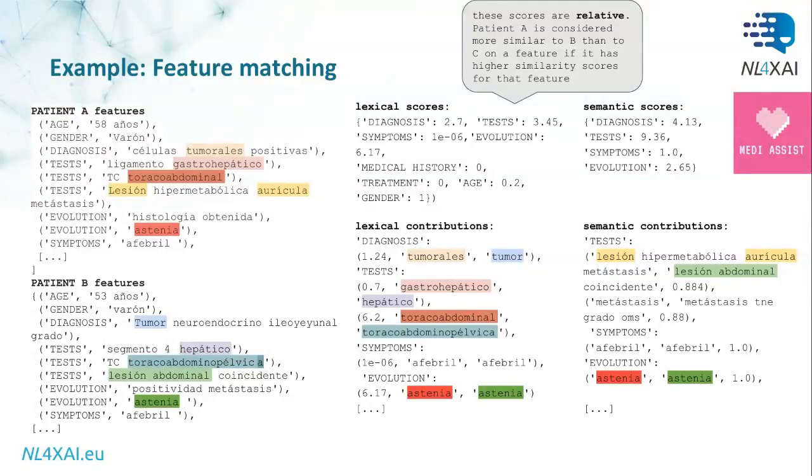This is also convenient in the sense that a practitioner can, for instance, if they're interested in similar medical history, just filter all the patients by the similarity score in just that section, and then they can also see what matches there are, so why our algorithm thinks that these two patients, for instance, are similar.